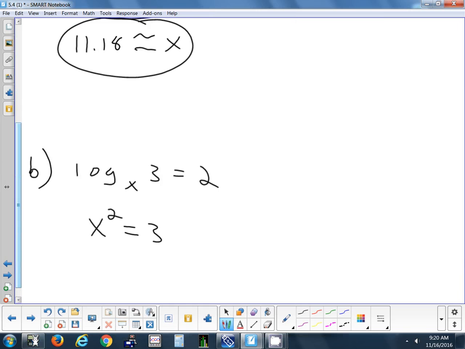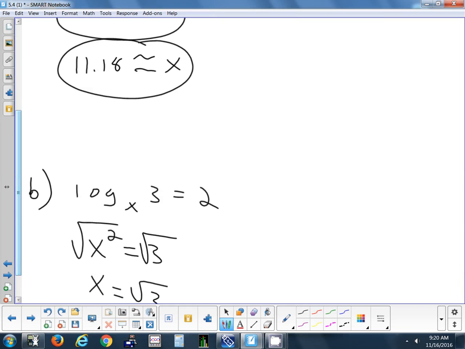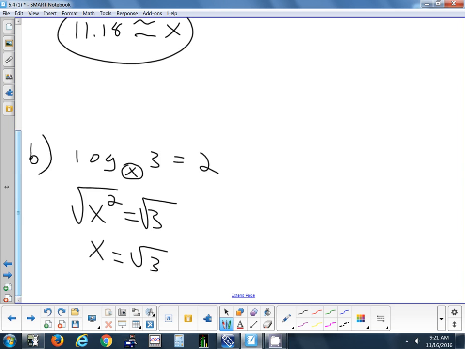Take the square root. And now remember, there are always 2 answers when you do a square root. But what did I say about the base? It can't be negative. So you don't need the second answer. So x is just the square root of 3.